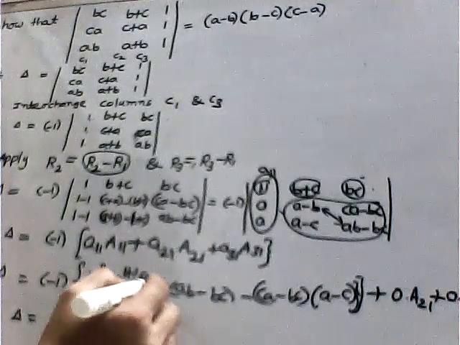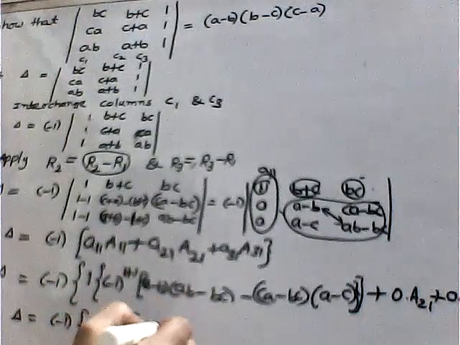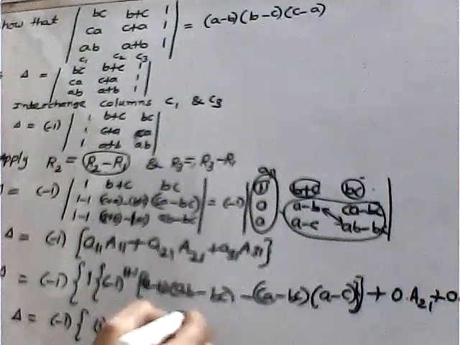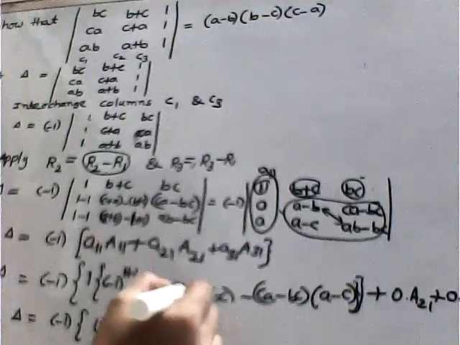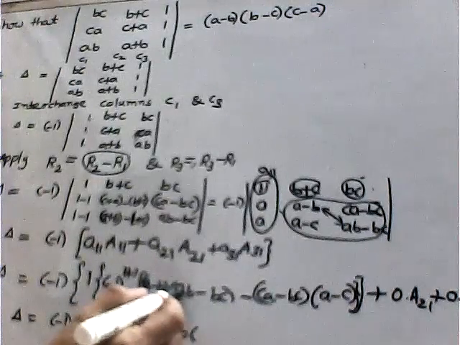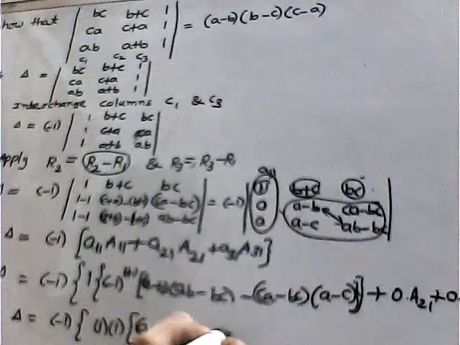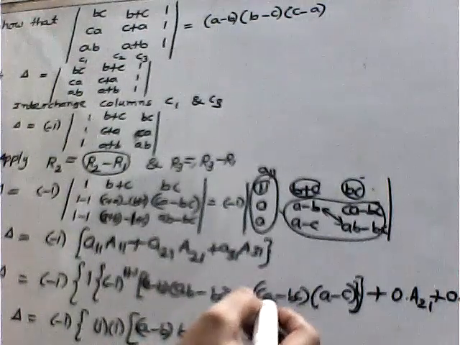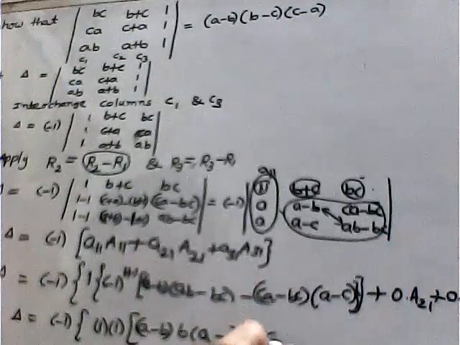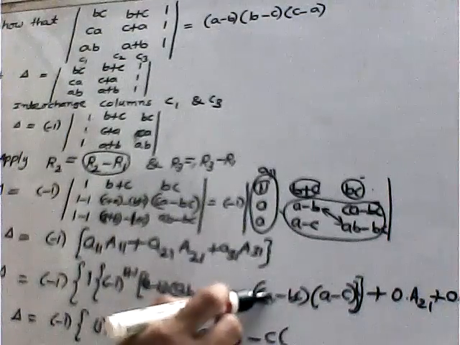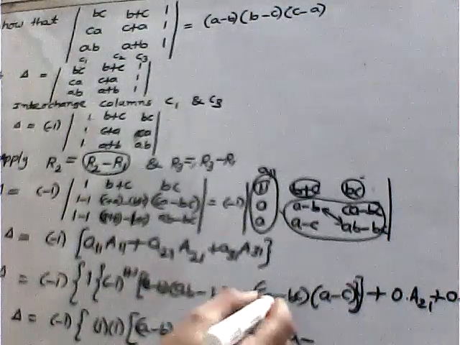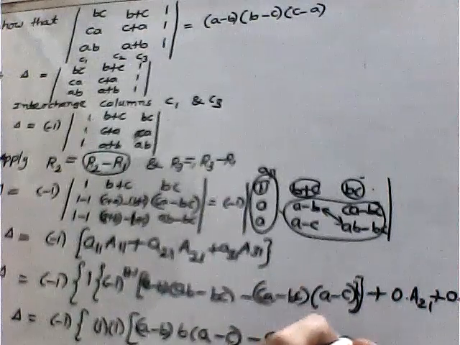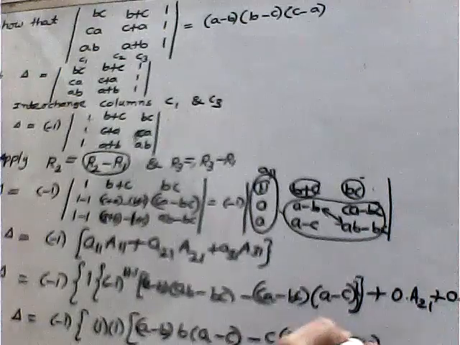Here A minus B into, taking B common from these two terms, A is remaining 1 and C is remaining 1, we get A minus C. Minus, here we take C common: C into the remaining terms A minus B, into A minus C.